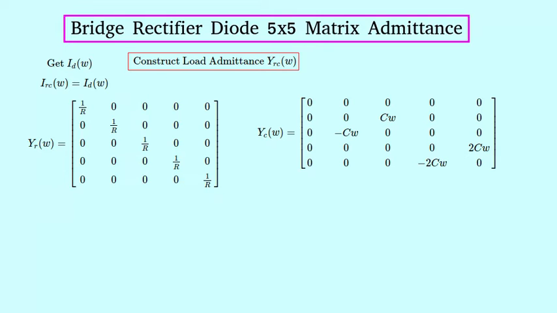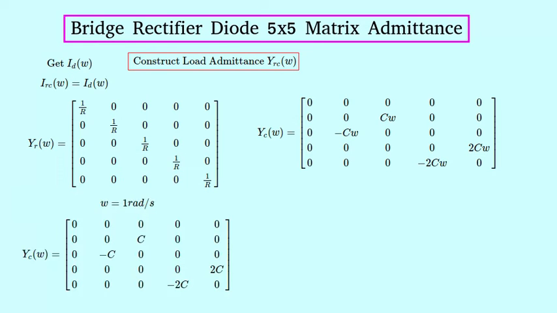It has 0 DC admittance, which means it is an open circuit for DC voltage. It also has these capacitance entries, which imitate complex numbers. So for simplicity, we'll set the frequency equal to 1 radian per second, so that we're left with this simplified admittance matrix.